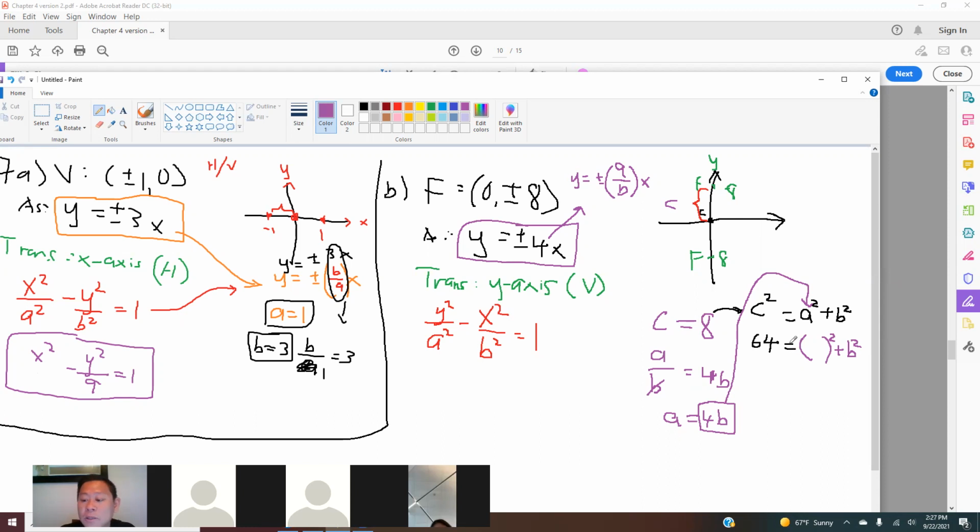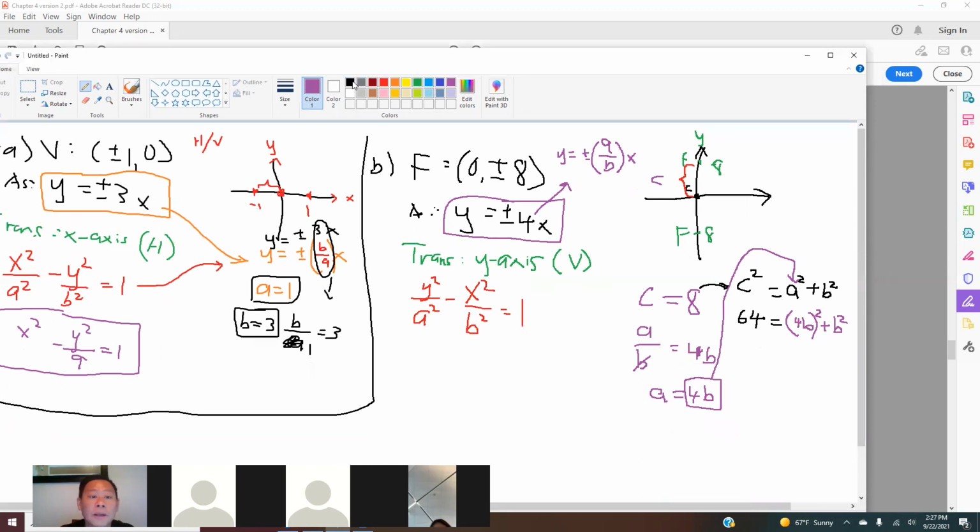So our A in this case is 4B. When you square this, this will become 16B squared. So 64 equals 16B squared, and then you add 1B squared, so we got 17B squared.